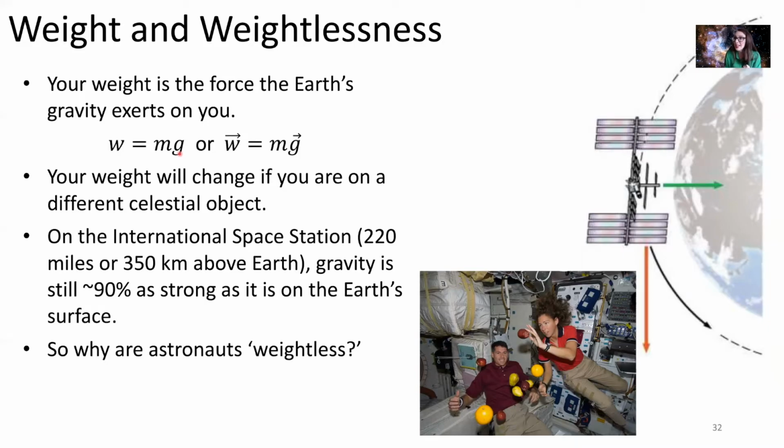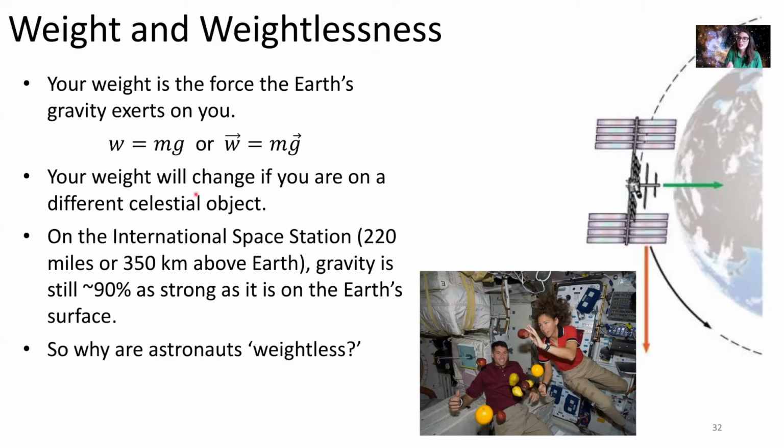You could also do it in imperial units, and your weight in imperial units is what you read whenever you step on the scale, and that would be in pounds. So in standard physics notation, we use units of force as newtons, but if we're thinking about our weight, you could also use units of force as pounds.